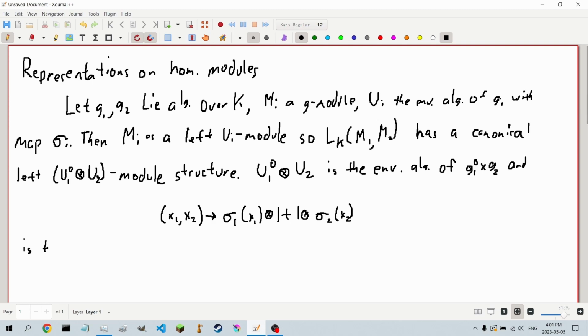This is the canonical map of G1 opposite times G2 into U1 opposite tensor U2.